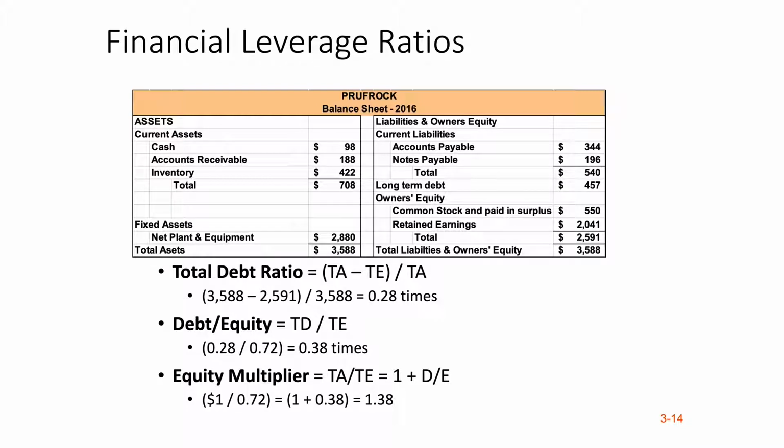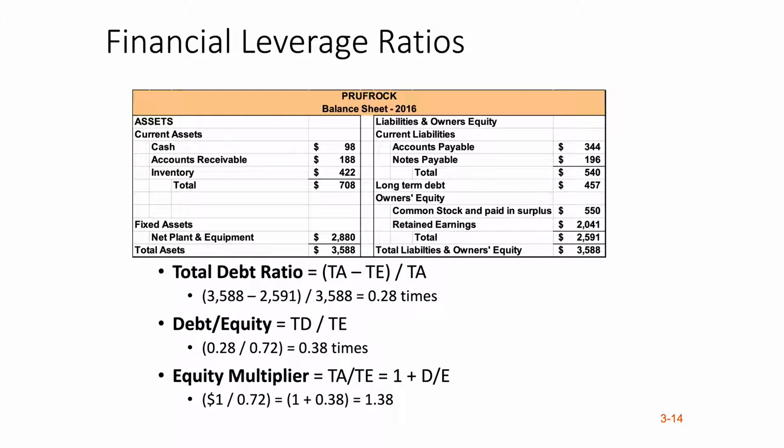Here, the debt ratio is 0.28 or 28%. In other words, for every $1, 28 cents is debt. Imagine 28 cents of debt. Okay. Another commonly used measurement is called the debt equity ratio.